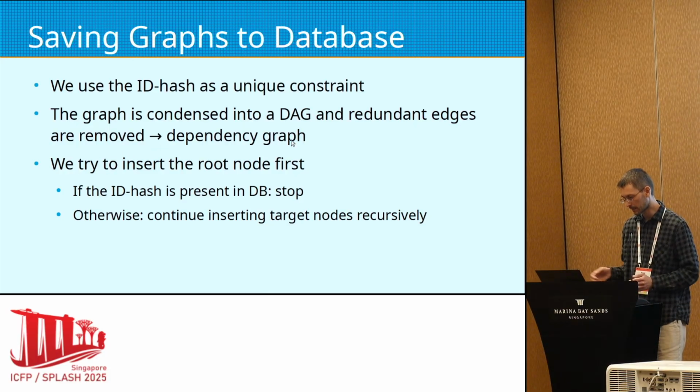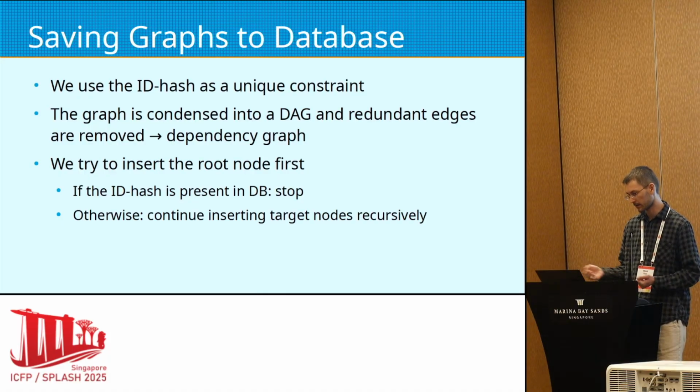So we have basically a dependency graph of nodes, and we traverse this dependency graph from the root. So we first try to insert the root node, and if this root node is already present in the database, we just stop. So we have, for example, a very large graph of objects, for example, a megabyte of objects, and we see that the root of this graph is already present in the database using this ID hash comparison.